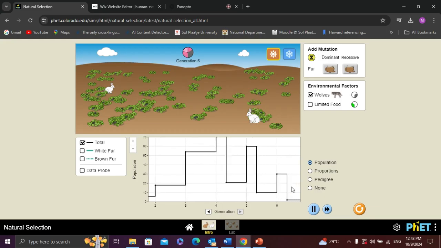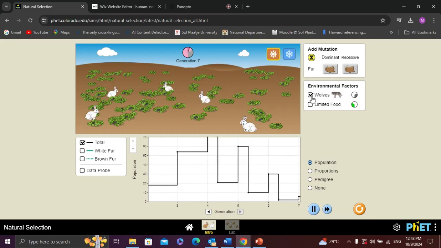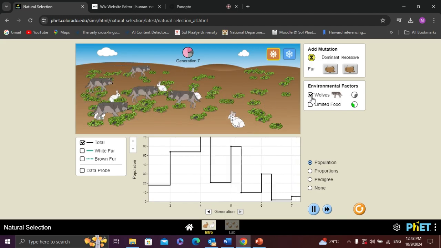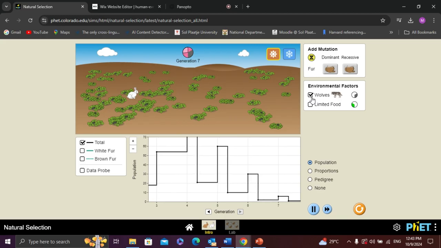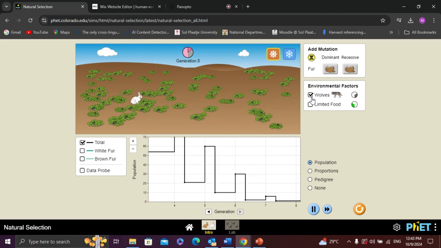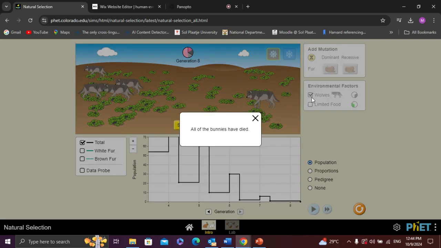Now we are only left with two rabbits. They have reproduced again. We are left with just one rabbit, one white rabbit. And eventually, when the predators come, what happens? All of the bunnies have died.